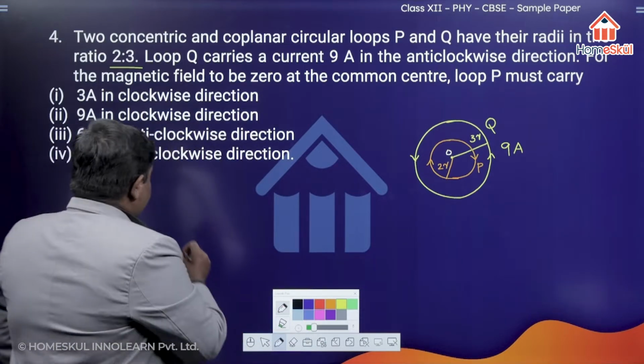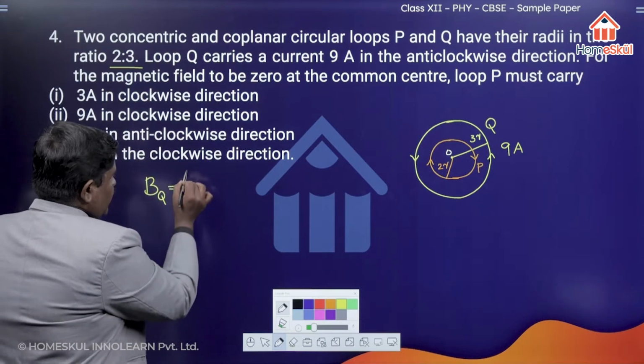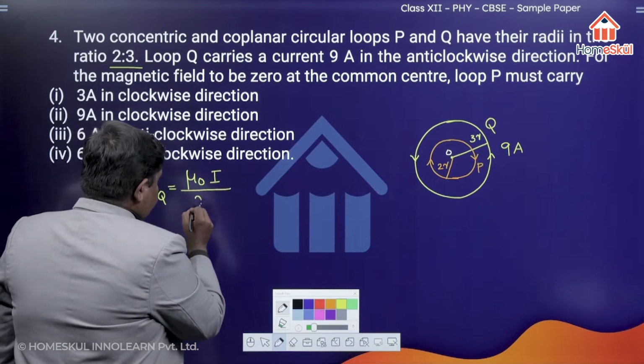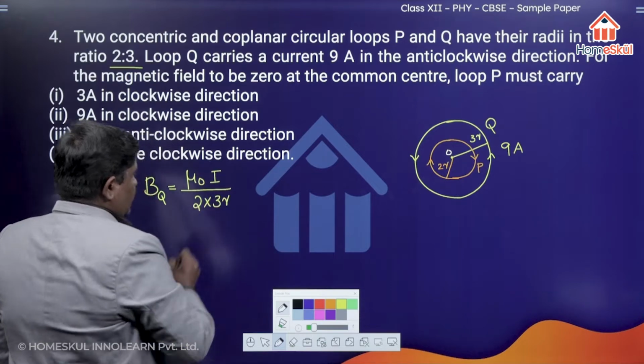The magnetic field due to Q is given by mu 0 I Q by 2 into 3R.